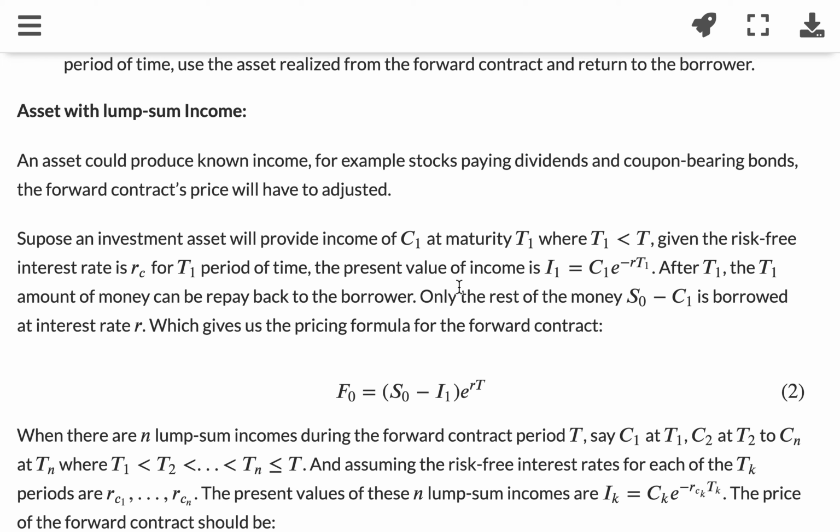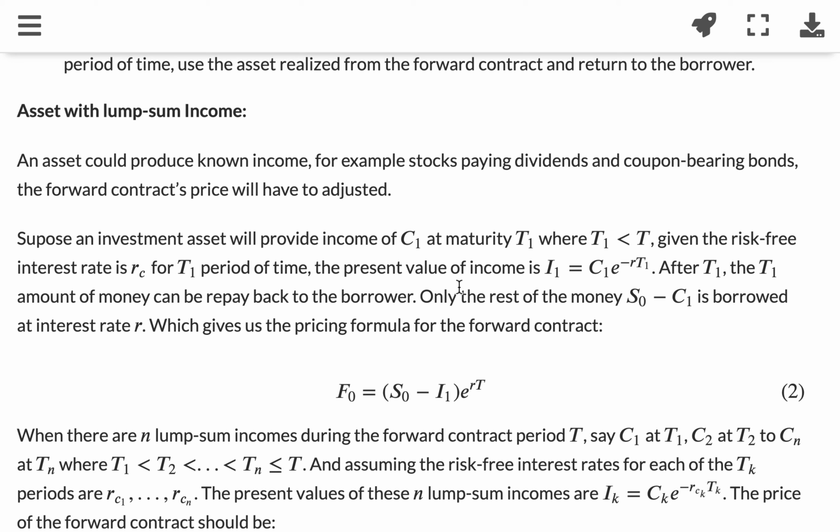T1 is less than a given time T, and we have another assumption: the risk-free interest rate is R for the period of time. The present value of the income will be C1 times e to the minus R T1, discounted.